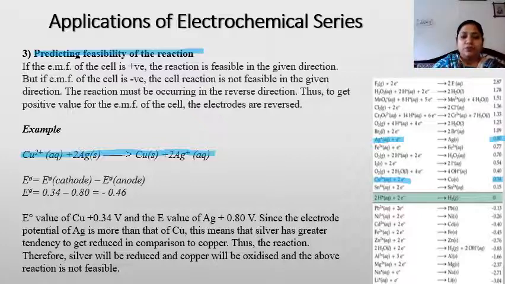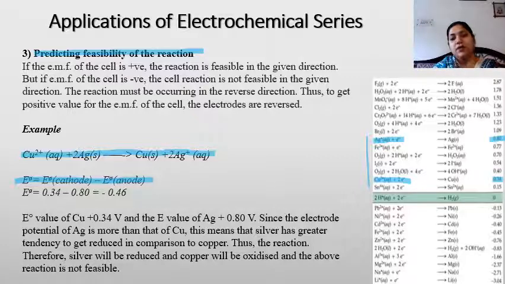So by putting the values in the equation for calculating the EMF of the cell, we will get either a positive or negative value. If we get a positive value, then the reaction is feasible. If we get a negative value, then the reaction is not feasible. Similarly, you can also determine from the table that silver is above copper, with a more positive value.